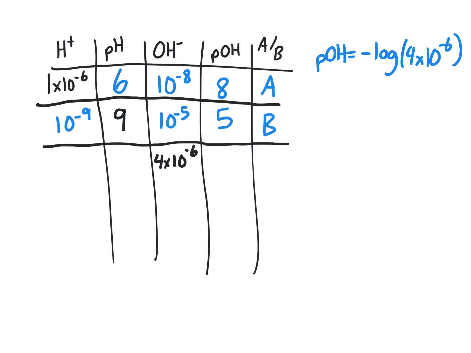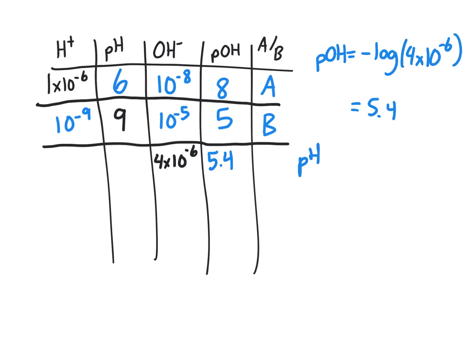I type that in my calculator, 4 times 10 to the negative 6, and I get 5.4. So my pOH is 5.4.